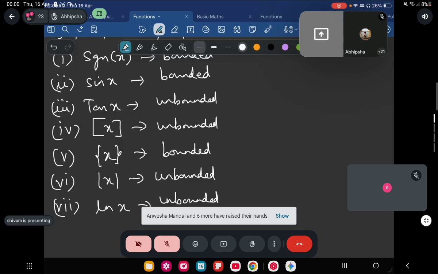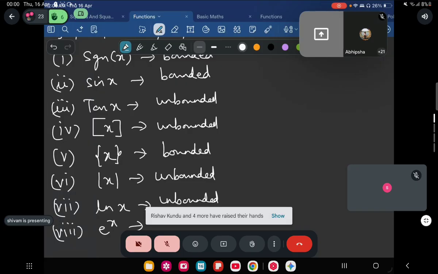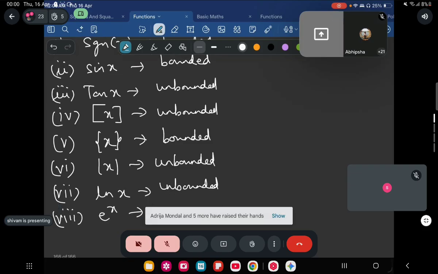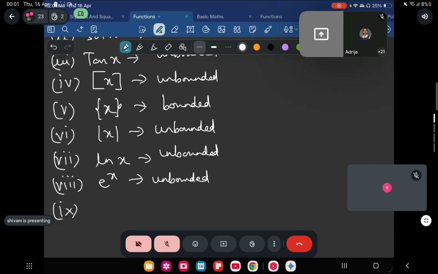Next. Number 8. E to the power x. Bounded or unbounded? Okay, for this one, Adrija, tell me. Unbounded. Number 9. F of x is equal to 2 to the power 1 by x minus 1 in open 0, 1.